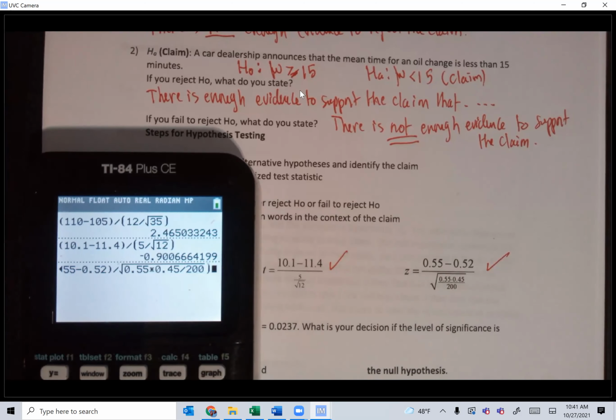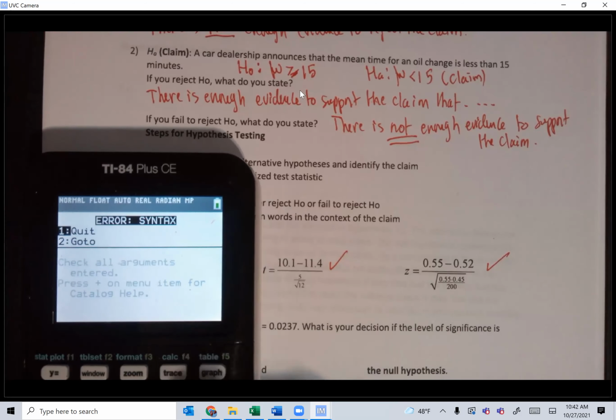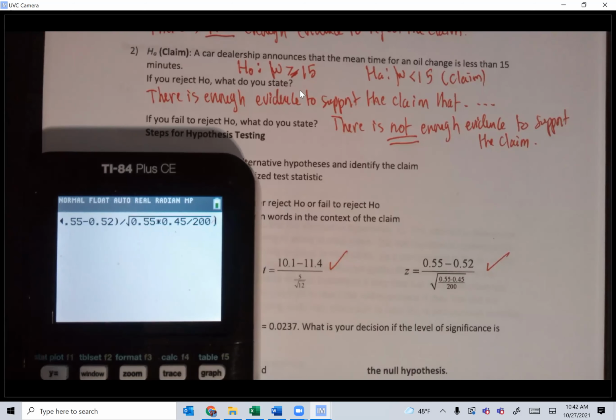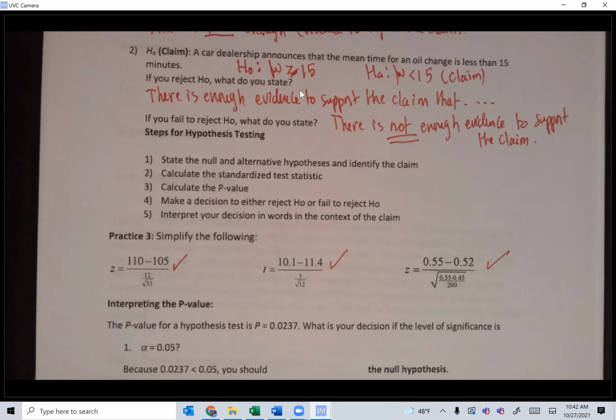Oh, I made a mistake, probably. Oh, there are no parentheses here. Sorry. There you go. You don't need parentheses for the bottom. So it's 0.85. And I think the T and the Z should ring a bell. T is when sigma, the population standard deviation, is not known, Z when sigma is known. You're going to see that. All right.